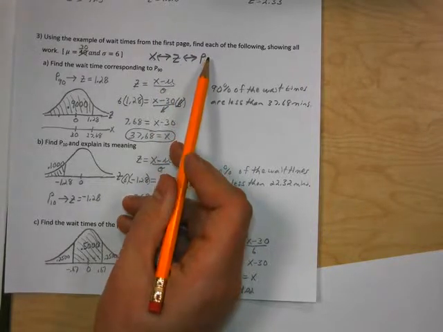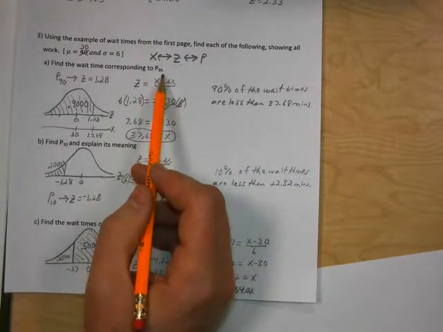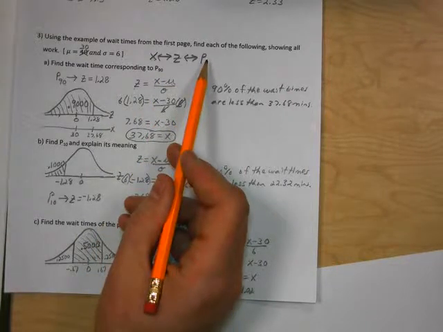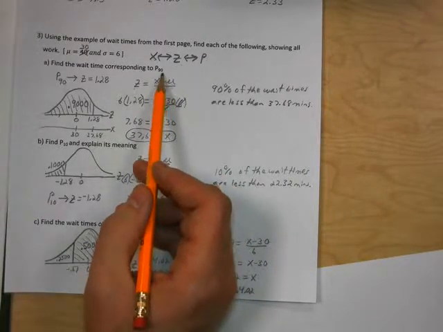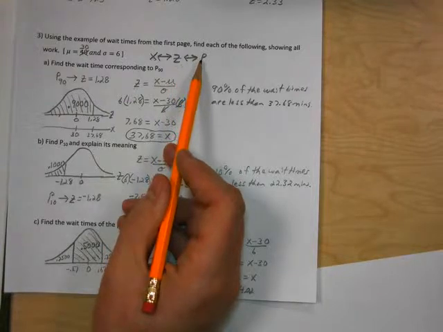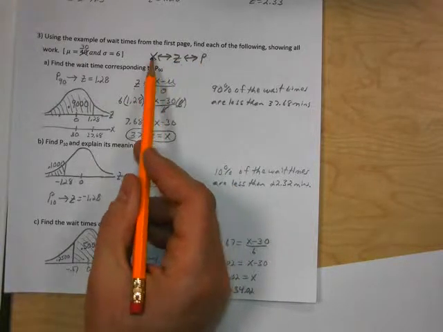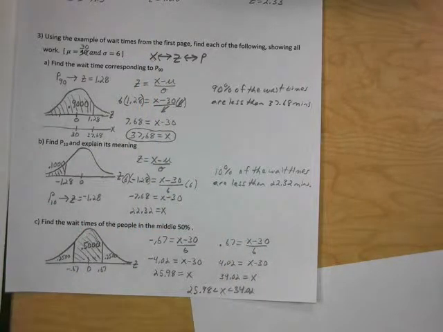If it says find the value of the 90th percentile, like it did here, that means you're starting with a probability of 0.9000, converting that probability into a z-score, and then into x. And again, the calculator will help you save a lot of time rather than looking up in the table. Okay, so that's it.